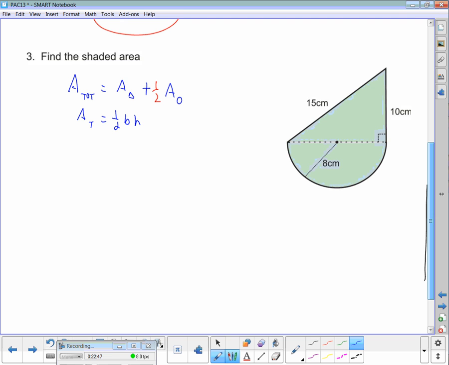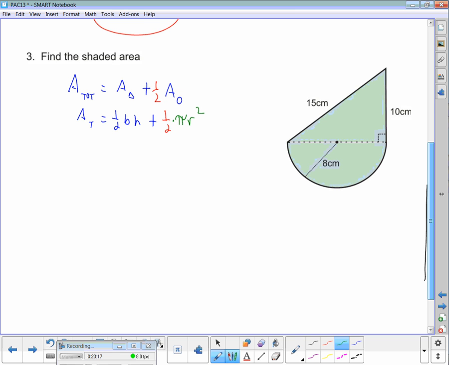Remember, triangle is 1/2 base times height, don't forget your 1/2. Then I'm going to do it in green. Somebody tell me the area of a circle, Jack? What's the formula for area of a circle? Nope. Somebody else. Area of a circle, please. Raquel? Pi r squared. Okay. All right.